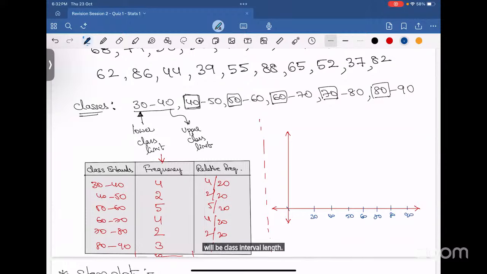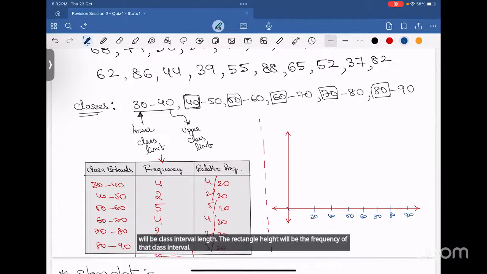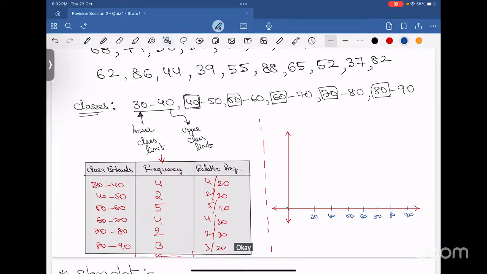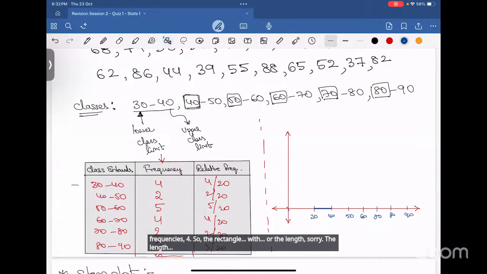The rectangle height will be the frequency of that class interval. So for the first case, the class interval 30 to 40, the frequency is 4. So the rectangle width will be 30 to 40, which is the class interval length, and then the height will be the frequency.